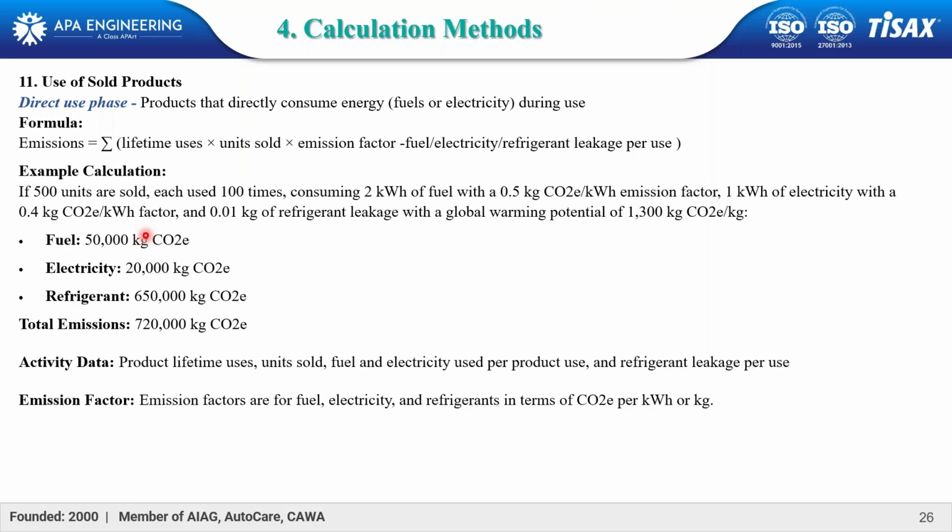This is categorized into two: direct use phase and indirect use phase. Direct use phase is for products that directly consume energy during use. The formula would be the lifetime uses multiplied by the number of units sold multiplied by the emission factors, which will be the fuel, electricity, or the refrigerant leakage per use.